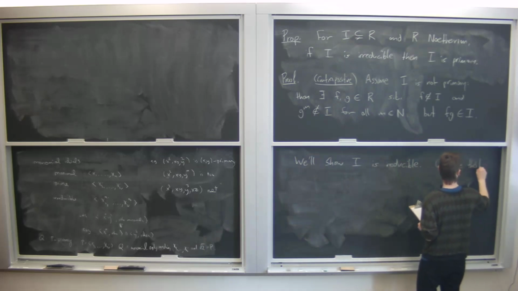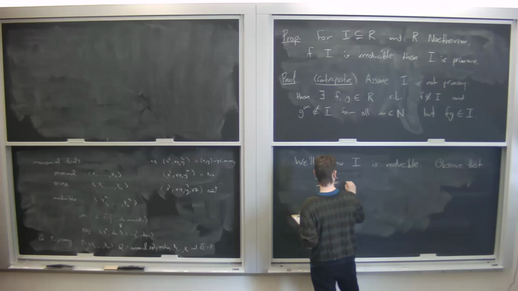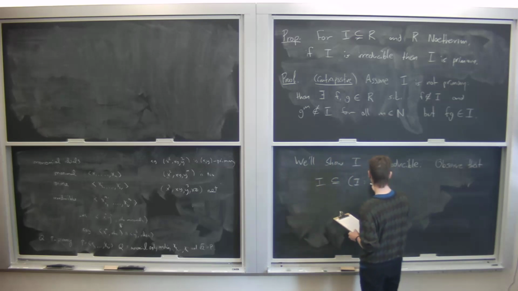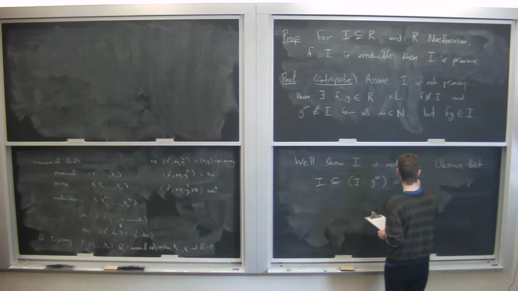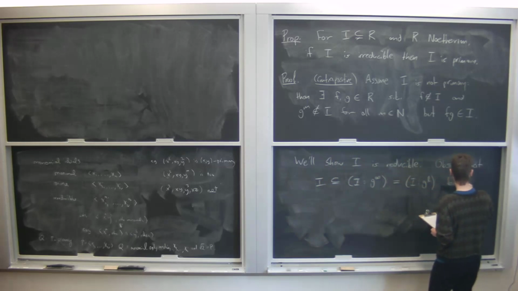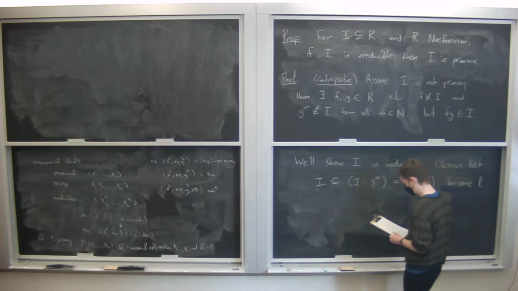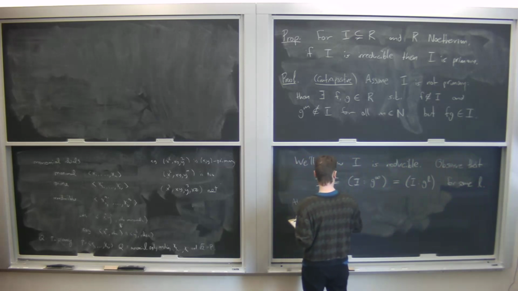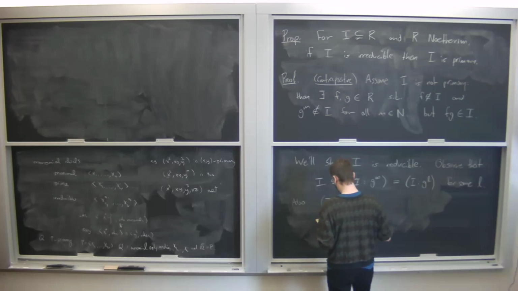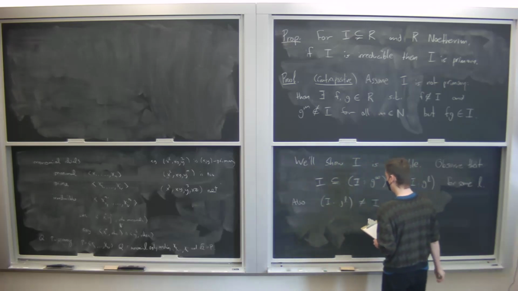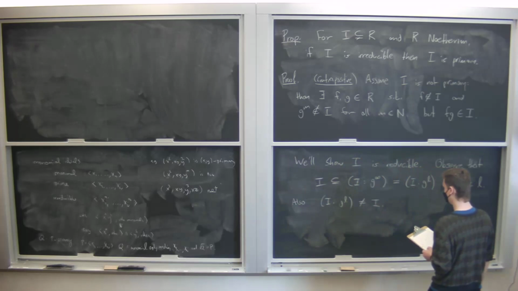Observe that from before we know that I is contained in its saturation with respect to G, and the saturation is equal to the colon with respect to G to the L for some L. And also, I guess the colon with respect to G to the L is not equal to I. Why is that?